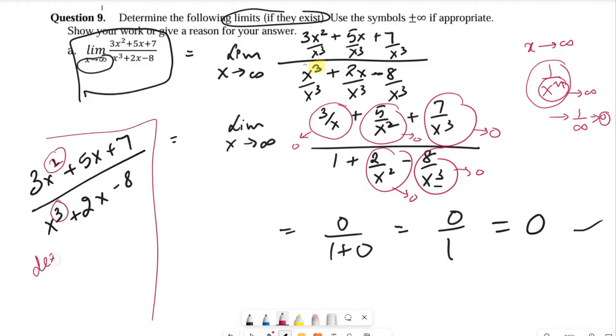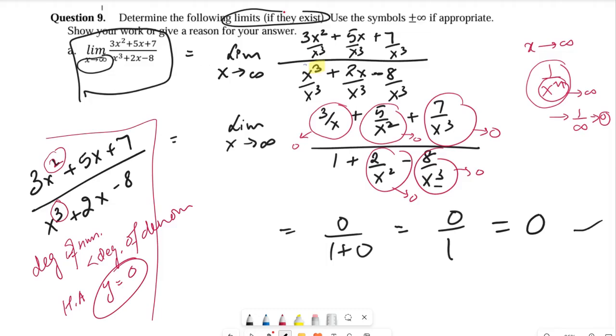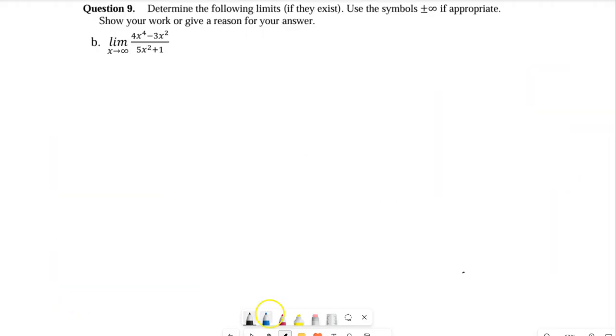Degree of numerator is less than degree of denominator, and there they would have told you that the horizontal asymptote is y equals 0. That is where this 0 is coming from in this limit actually. That's the base concept behind it.